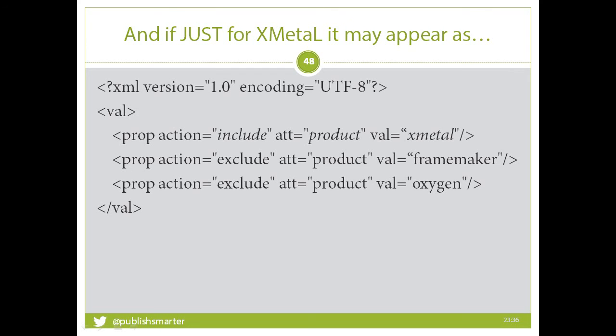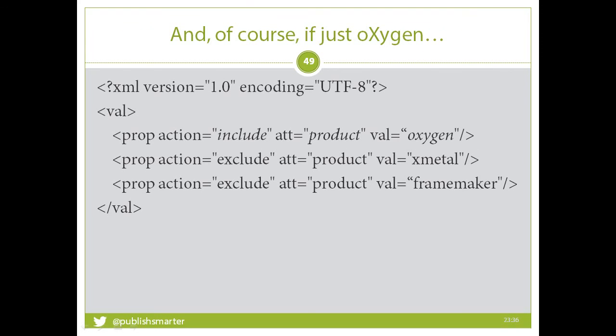This one's just for XMetal, so it's going to include the product XMetal and exclude the other 2. This should make a little more sense now. And of course, you can probably guess what the Oxygen one is going to look like. It's an XML document. It has a val with a property action include set to be the product of Oxygen and to exclude XMetal and exclude FrameMaker.